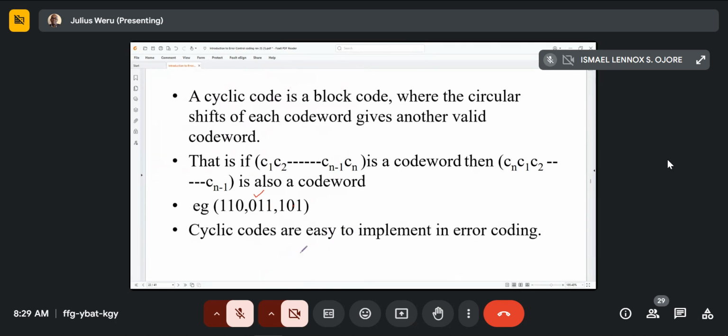So cyclic codes, of course, they are used a lot because they are easy to implement. When you implement cyclic codes, it's very easy because you're just going to use flip-flops.